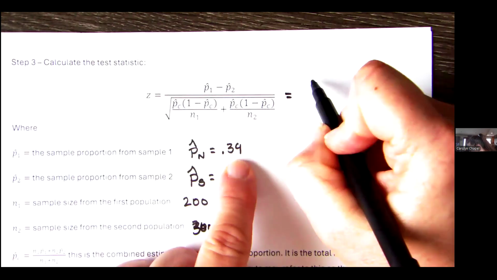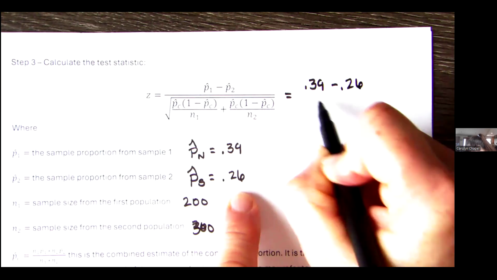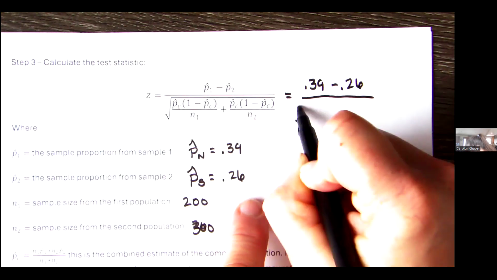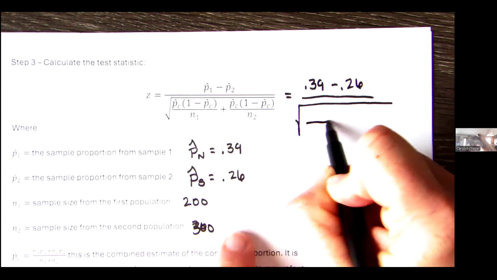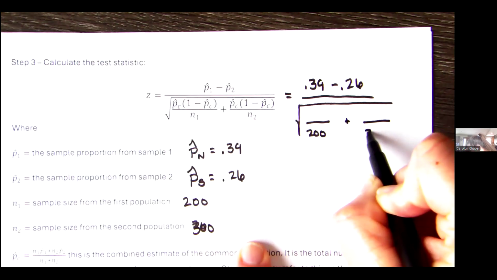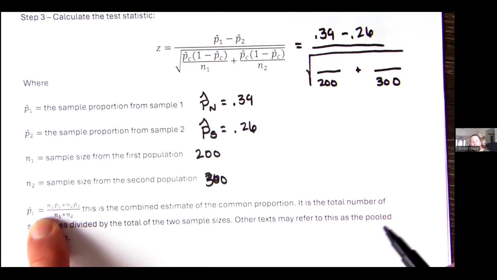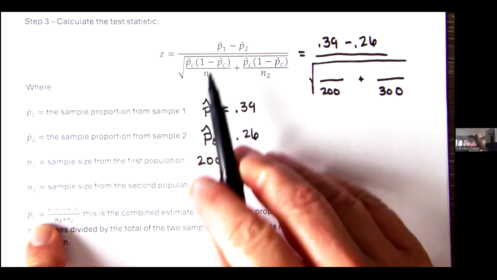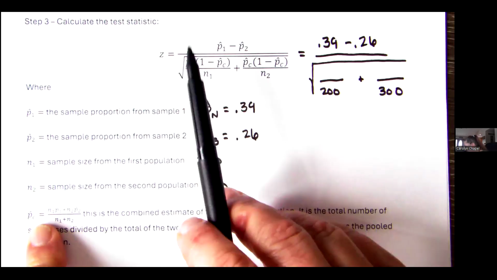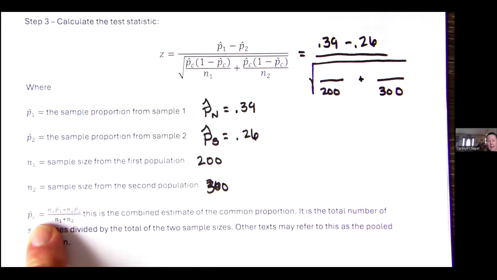So right now I would be putting in 0.39 minus 0.26 all over a 200 and a 300. Okay. P hat C, which is what shows up in the square roots. Notice the square root does go over the entire thing. This formula is a lot more complicated to calculate by hand.